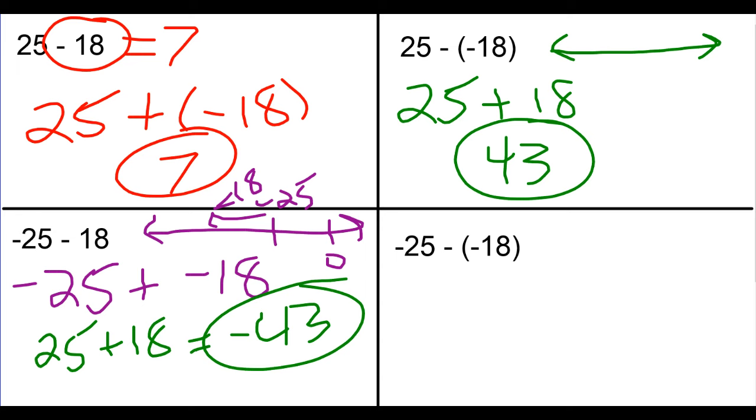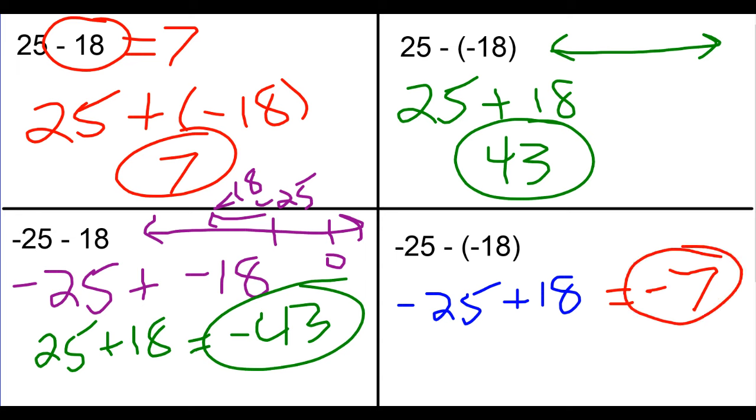And then finally, for the last one, adding the opposite becomes negative 25 plus 18. We're adding numbers of opposite signs, so we have to subtract their absolute values, and we end up with a 7 when we take 25 minus 18. But since 25 is the larger value between 25 and 18, we will have taken more steps in the negative direction than towards the positive.